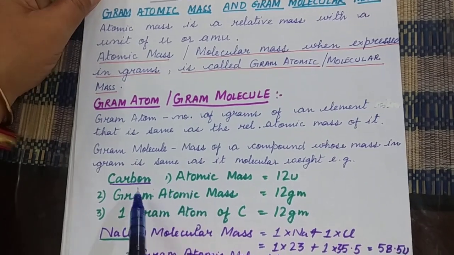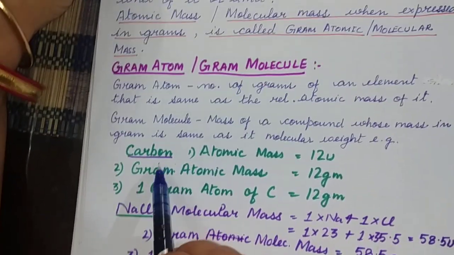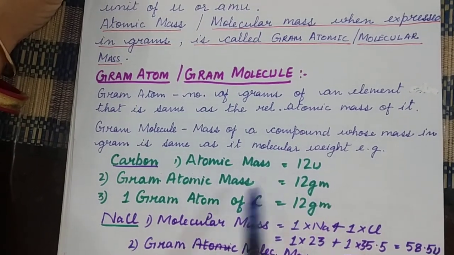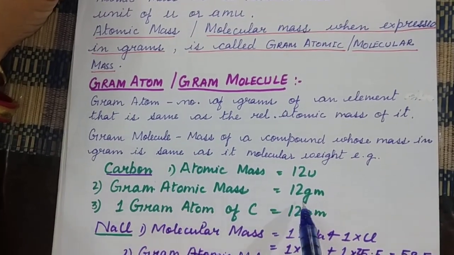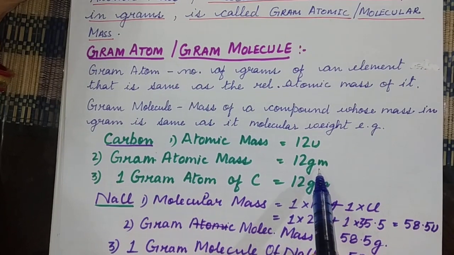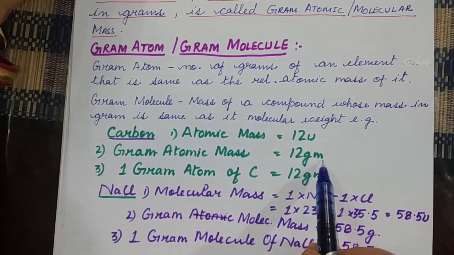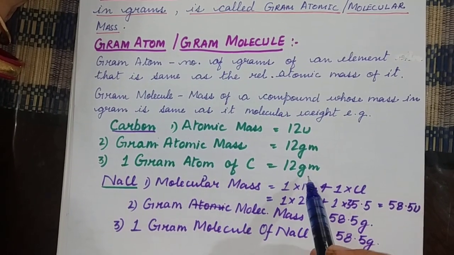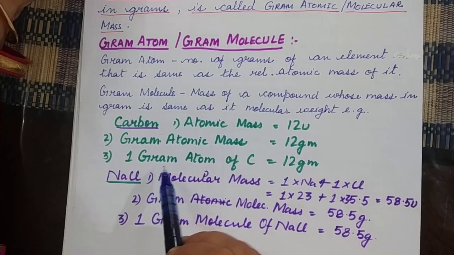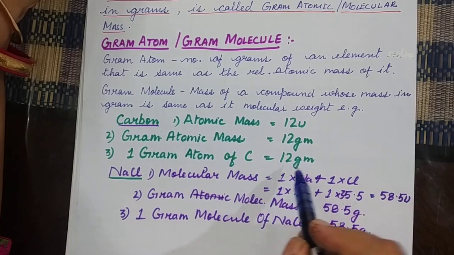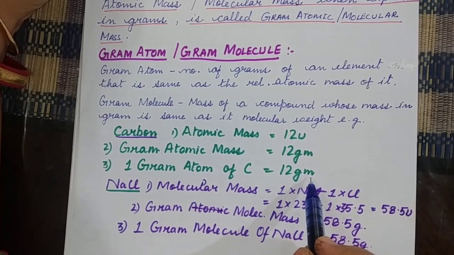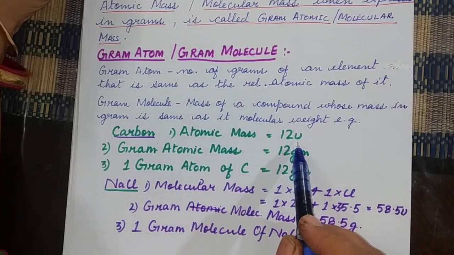For example, if I talk about carbon, the atomic mass of carbon is 12 U. You already know it. The gram atomic mass of carbon becomes 12 gram because the unit in which the mass has been expressed is gram. And now 1 gram atom of carbon is equal to 12 gram. That means 1 gram atom of carbon has the same magnitude as present in the relative atomic mass.